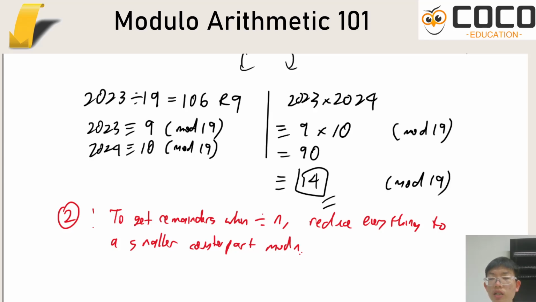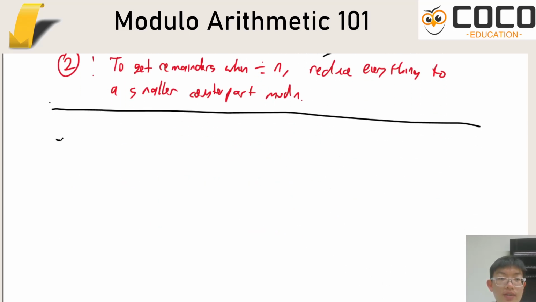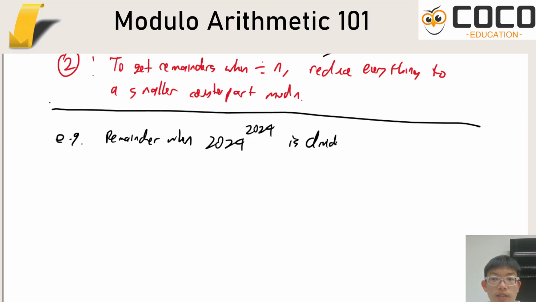This goes a long way beyond just multiplication, and the easiest way to showcase the power is using powers. Now, for instance, let's say that I wanted to find the remainder when 2024 to the power of 2024 is divided by, let's use something like 9.